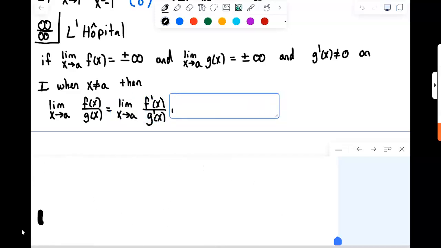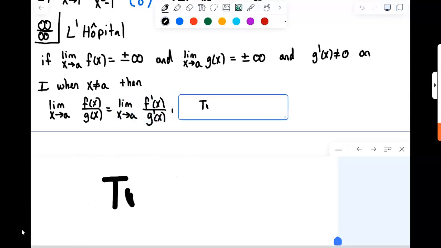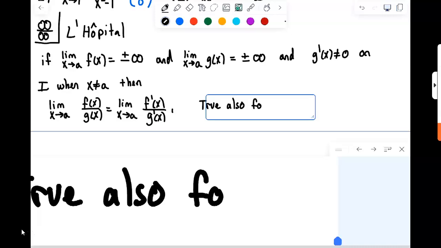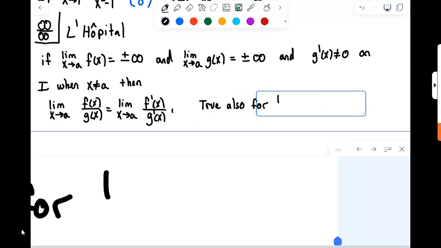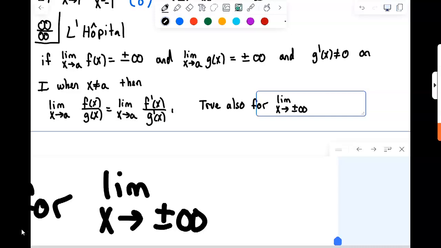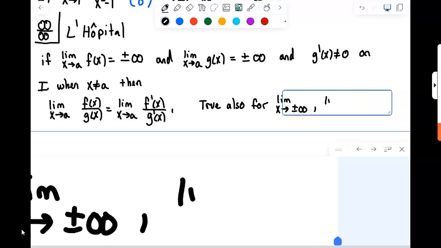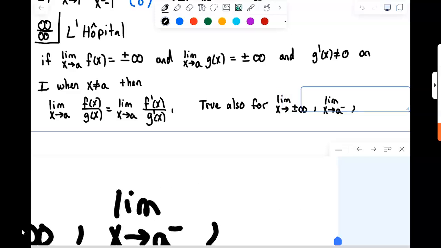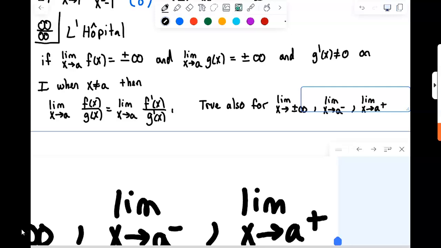Okay. What I just said is true also for the limit as x approaches positive or negative infinity, the limit as x approaches a from below, and also the limit as x approaches a from the right, from above.